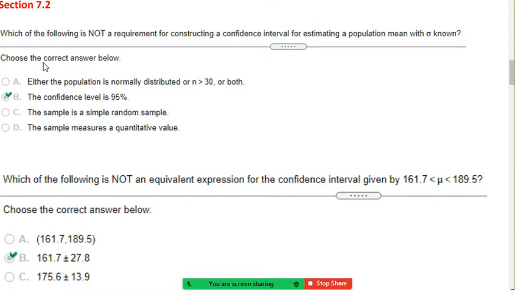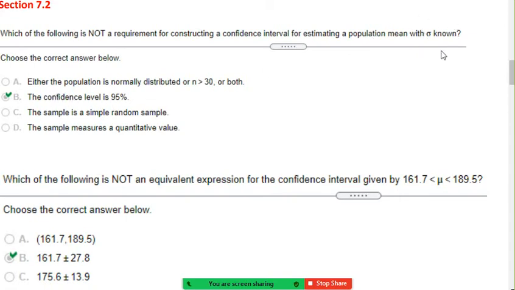It can happen because you have a large enough sample size, or because you're sampling from a population which already has a normal distribution. Either way, that population is going to be normally distributed. So, cool. We're good there. All our sampling methods are going to require a simple random sample, so that's true. And you can only construct confidence intervals for something that has a quantitative value. So if I rule out those three, then by process of elimination, this one's left.